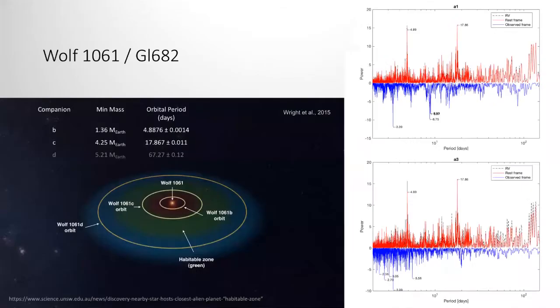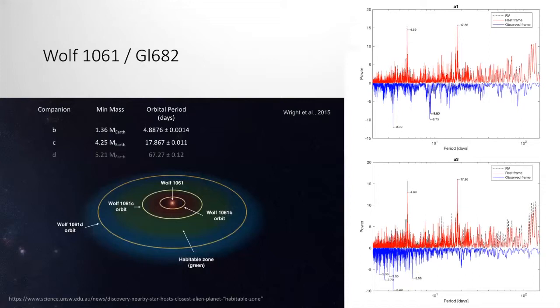So what does it look like in real data? This is Wolf 1061, the second closest exoplanetary system known. We can do the decomposition on the line profile in the rest frame and in the observed frame, and we can see two peaks in the red, but no corresponding peaks in the blue.